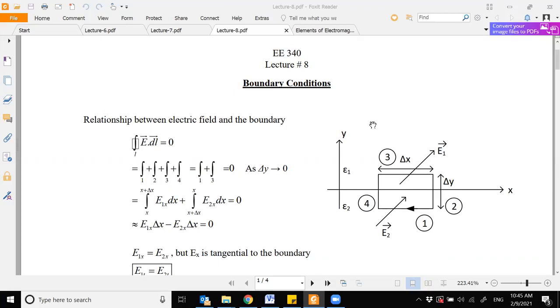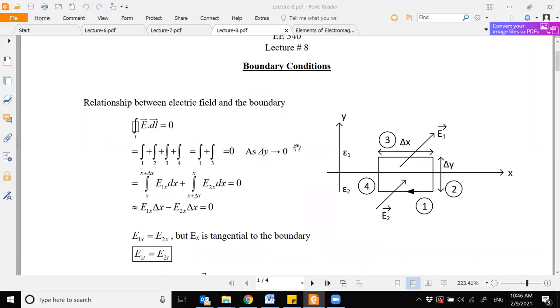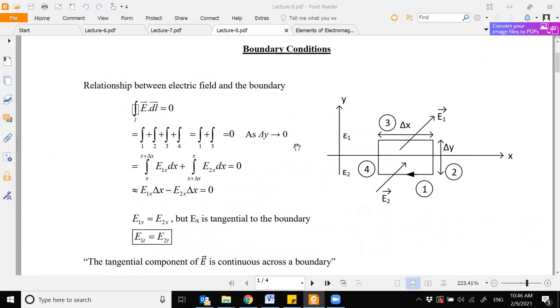What will be experienced by the electric field? Will the electric field pass from free space to the wood as it is, or will it lose some energy, change direction, or change its magnitude? This is what we are trying to find.